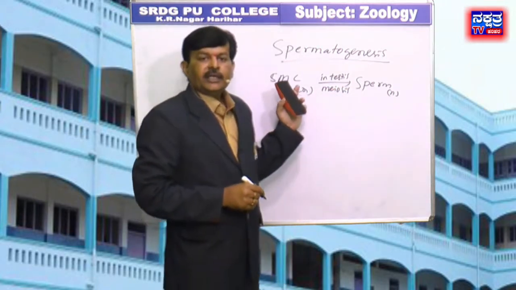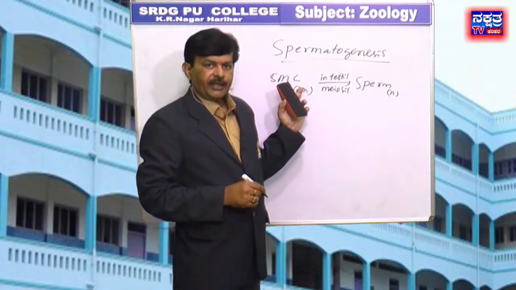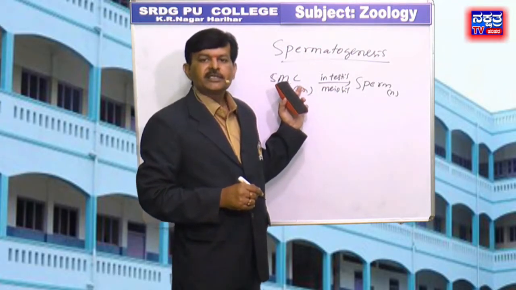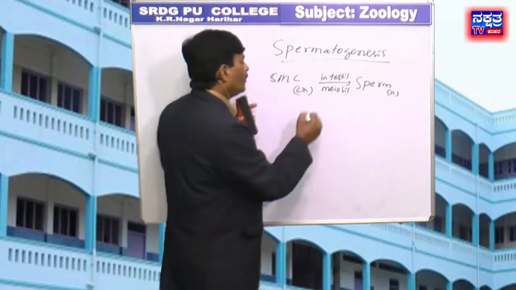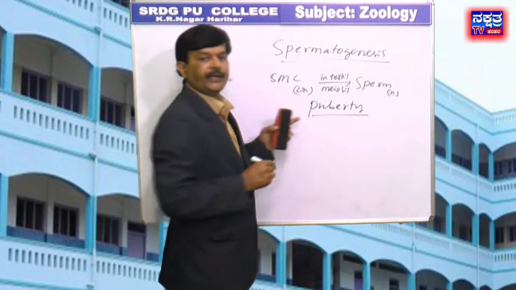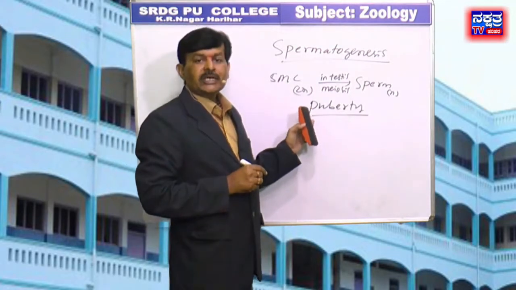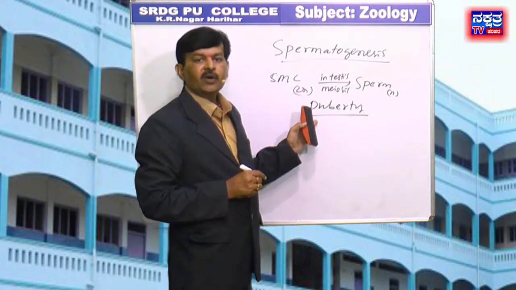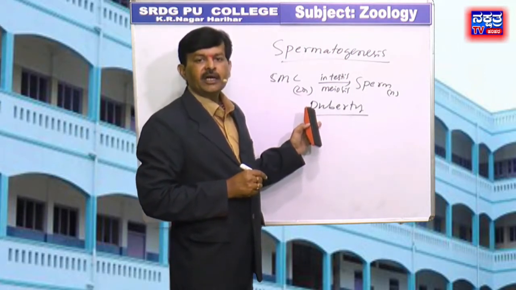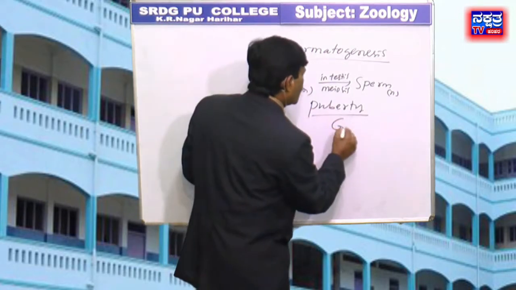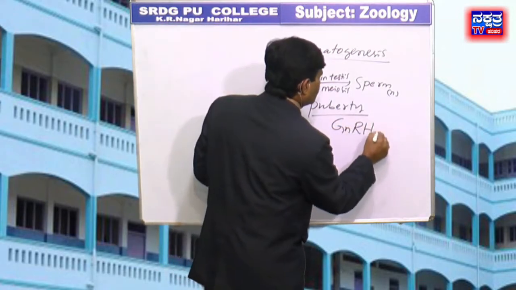In the male body, the process of spermatogenesis starts at the age of puberty, due to significant increase in the secretion of the gonadotropin releasing hormone, GnRH.